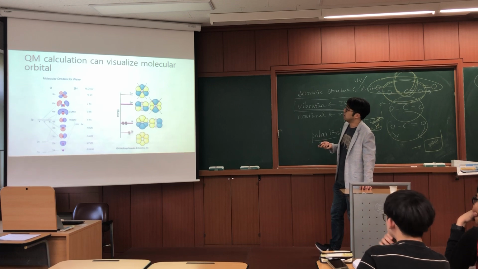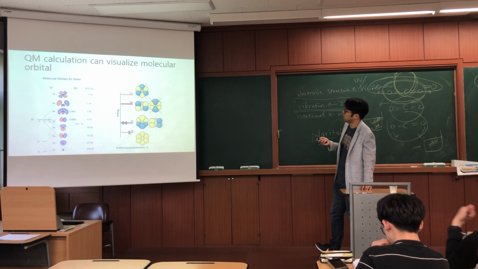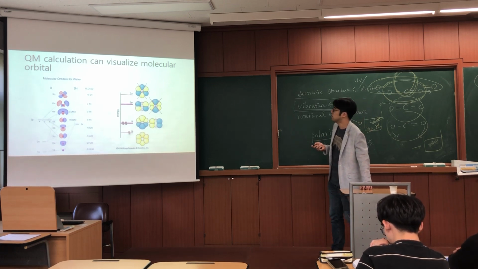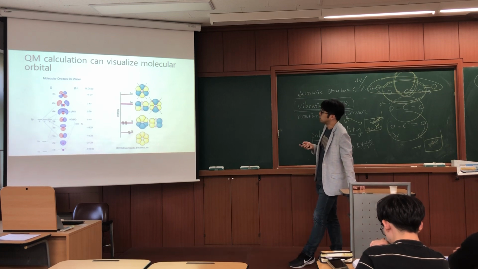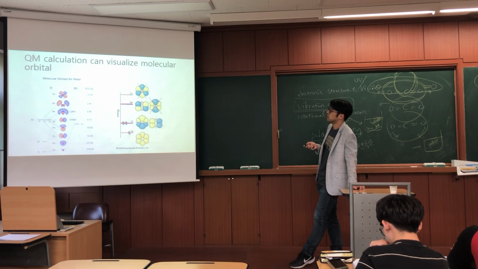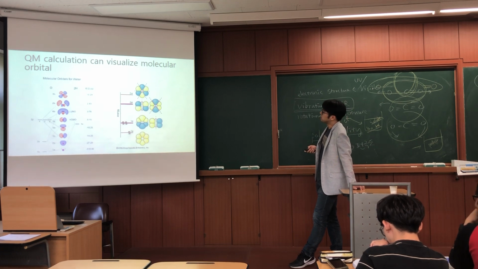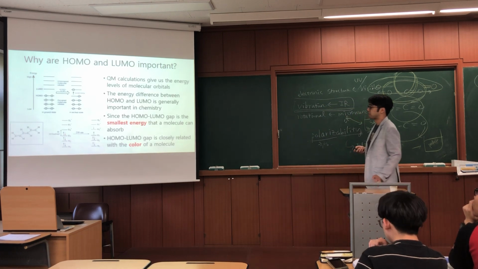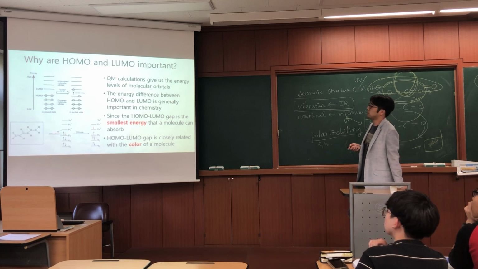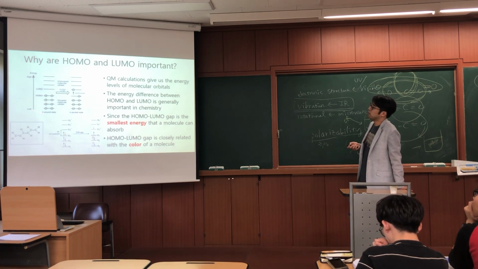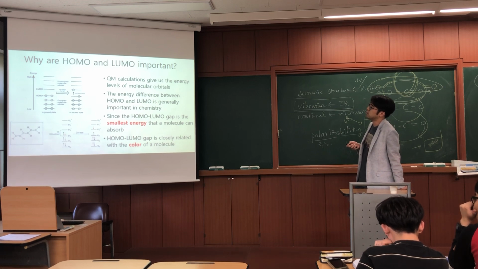And also, this is an example of a molecular orbital of benzene. We're going to calculate this, and we'll talk about the physical meaning of these in a little more detail on Friday. In molecular orbitals, one of the most fundamental and most important concepts is HOMO and LUMO, right?